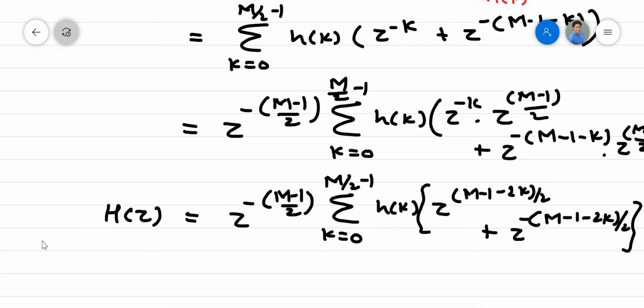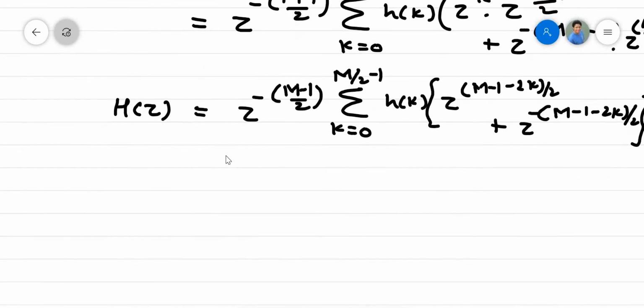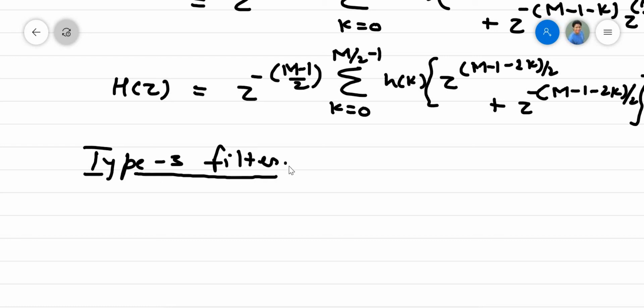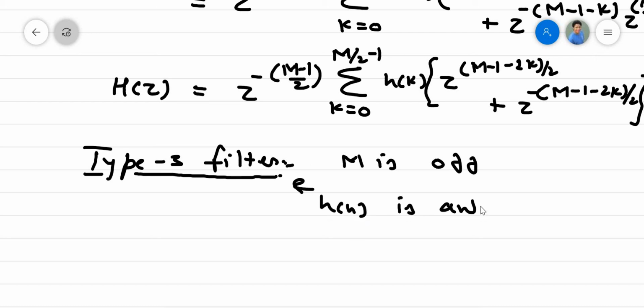Next we will discuss type 3 filter. In this case, M is odd and h(n) is an anti-symmetric sequence.